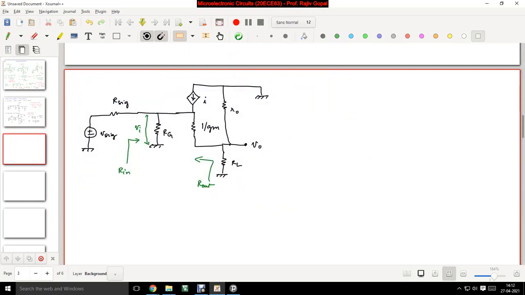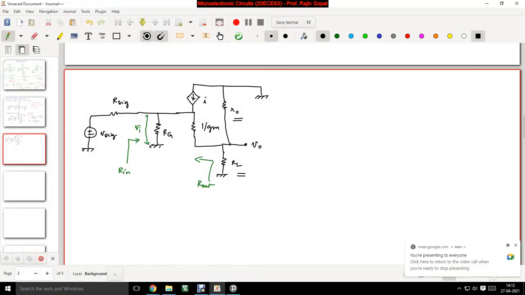Now if I look at this part, if I look at R naught and RL, how are R naught and RL connected? Anyone? They are parallel to each other. Exactly, they are parallel to each other, right?